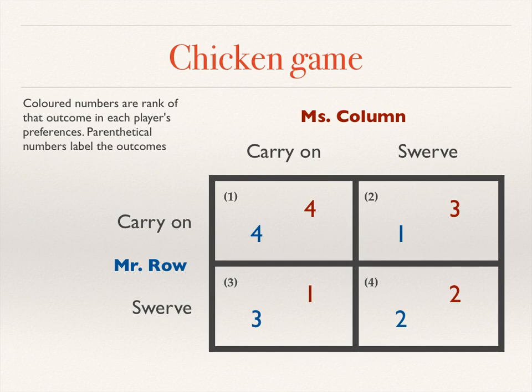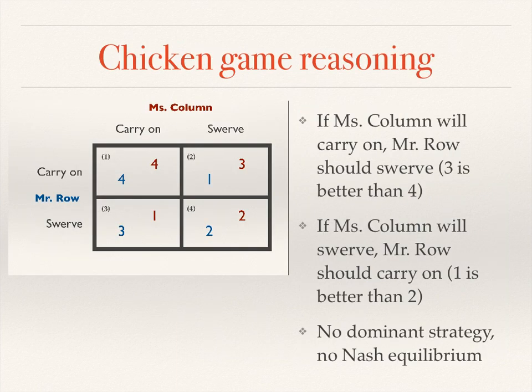He wins if he carries on and she swerves aside, so that's his best outcome. And if they both swerve, well, at least they're alive. They haven't lost the game, but they haven't done as well as they might have either. Okay, so those are the outcomes, and this whole thing, as I say, is called the payoff matrix.